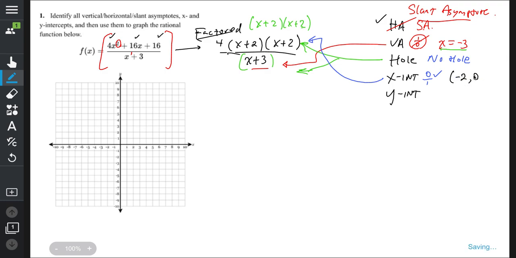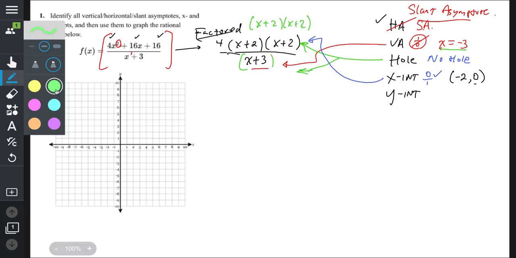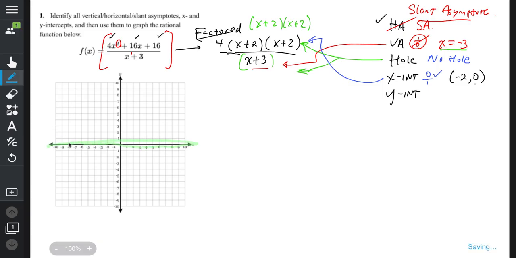Your x is -2. For all x-intercepts, y is 0, because you're going to plot it right here. That's where your x-intercept is going to be drawn, where y is 0.